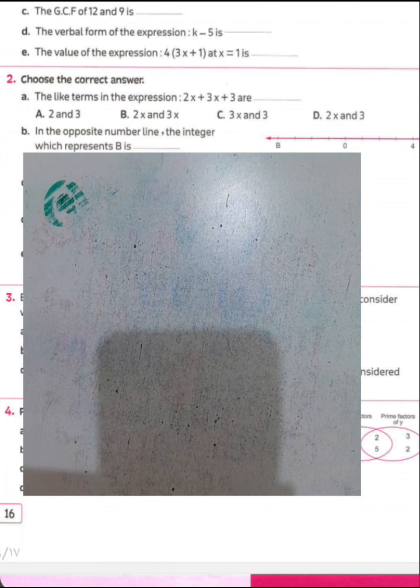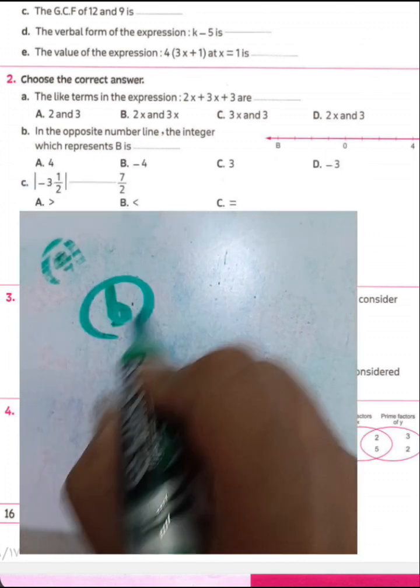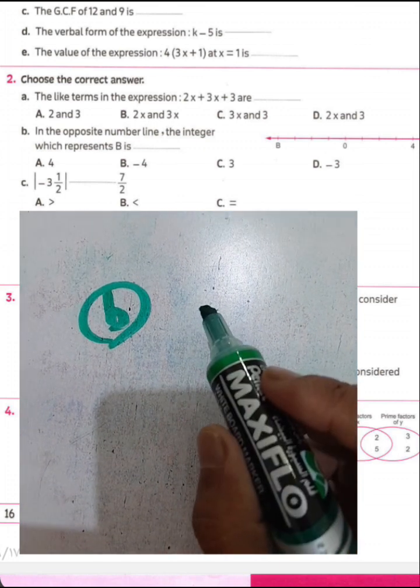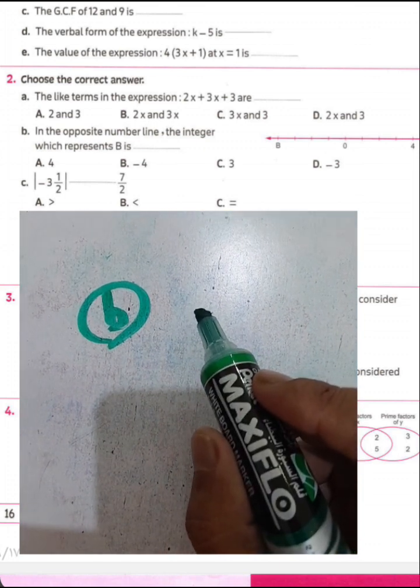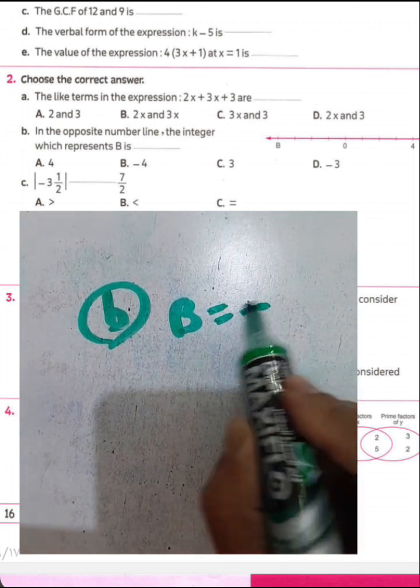Letter B: in the opposite number line, the integer which represents b, here b equals negative 4.